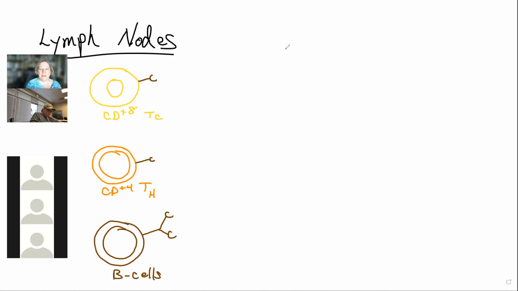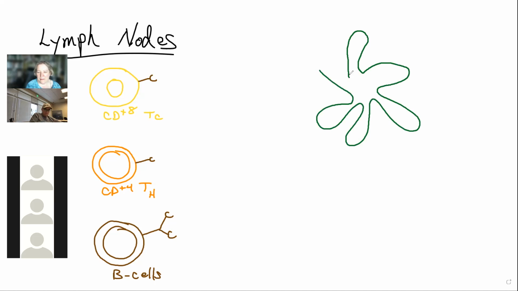Now meanwhile, out in another part of the body, I've had a follicular dendrite, and we'll get 2 of them going here. So I've got 2 different follicular dendrites in 2 different parts of the body.